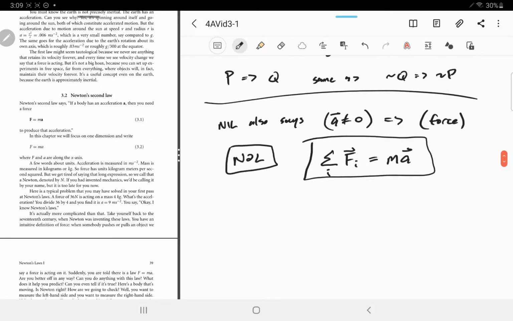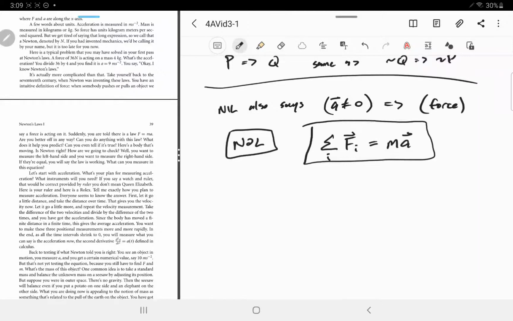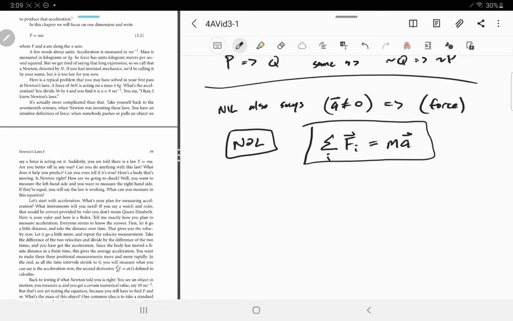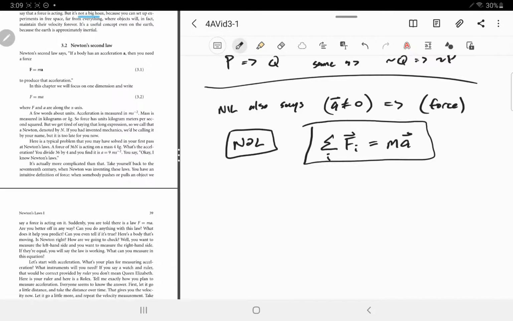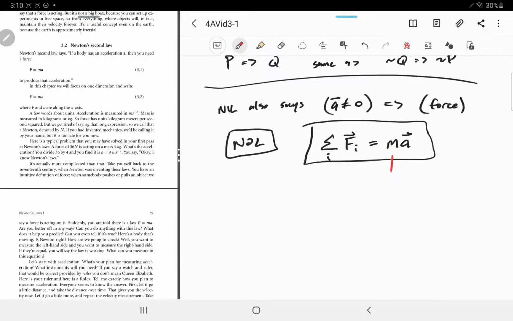There's one last definition I want to bring up here. Maybe I should first talk a little bit more about mass, since we haven't talked about this yet. M is mass.